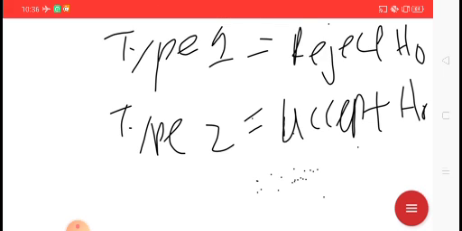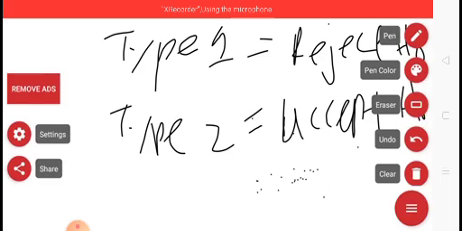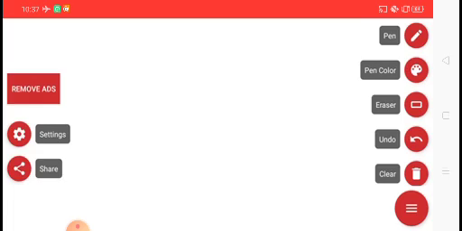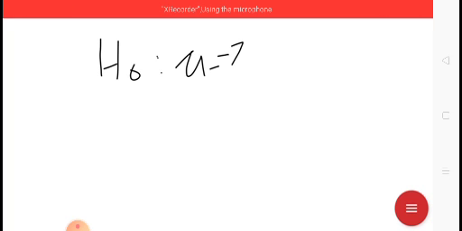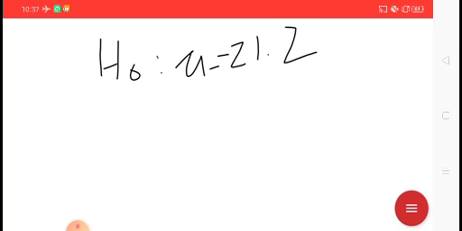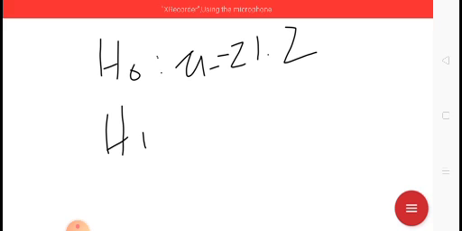Okay, so before we start, normally we will state the hypothesis first. Okay, for this question, H naught will be mean equal to 21.2. And alternative, the question says test whether the mean length is the same or not.